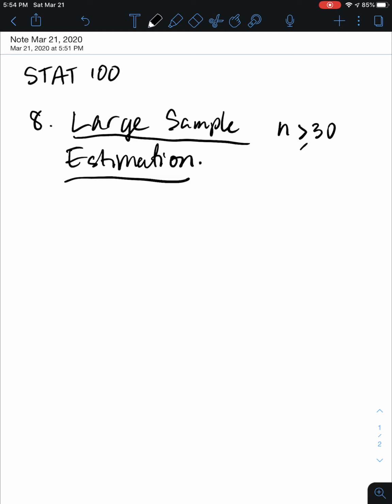I have mentioned before that there are some important numbers that we might want to learn about in statistics. Those are things like the population mean, the population standard deviation, and the population proportion of successes.